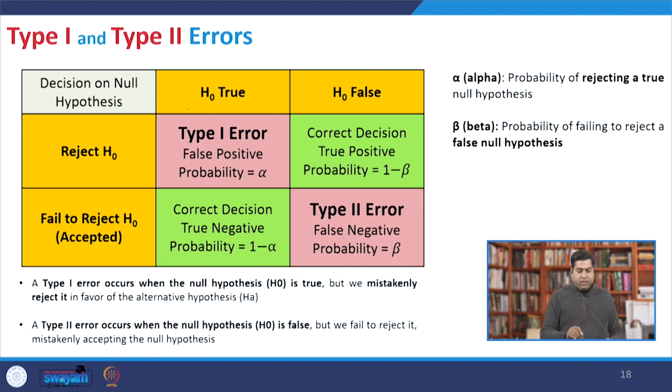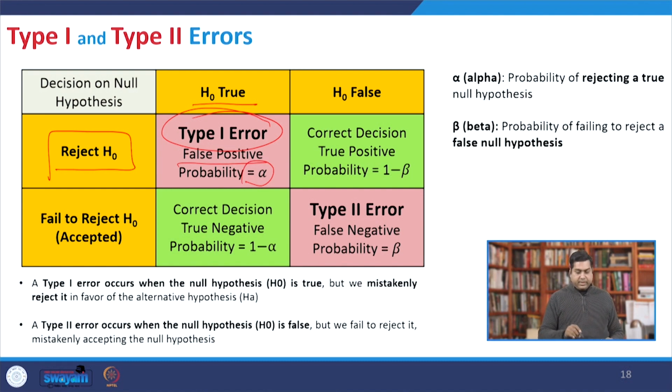Say you have a null hypothesis which is actually true, and you reject it. That is referred to as a type 1 error, also called a false positive, where the probability is calculated with alpha.